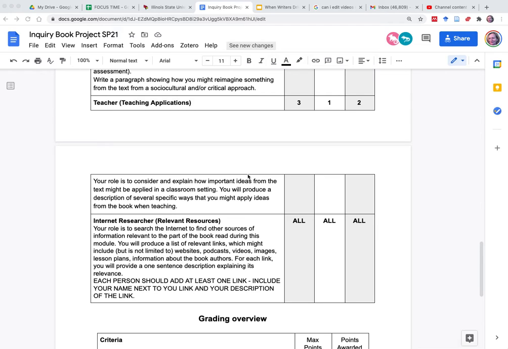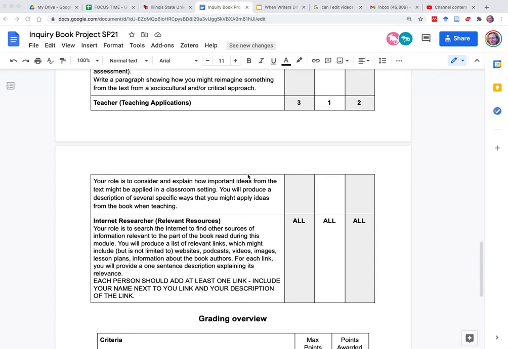So the third role that we are using in our inquiry book project is the teacher role. And of course, just like the other two roles, this role is really important too.